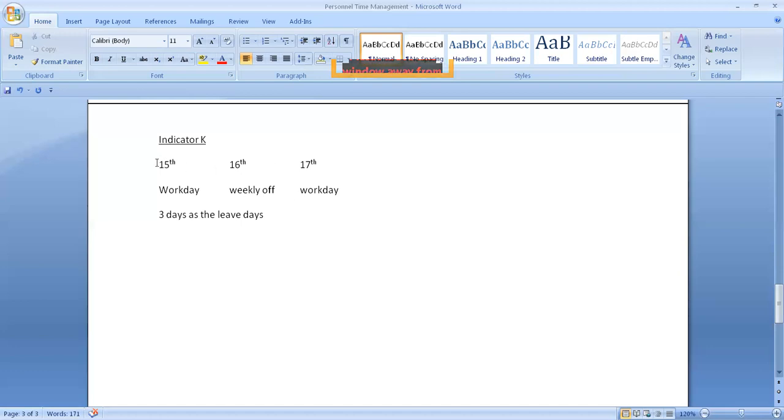Suppose I copy this once again. I'm copying this once again and pasting it. I will also expand to 18 and 19, extending to the 18th and 19th. I'm keeping other things as they are. The 18th, suppose it is a public holiday.